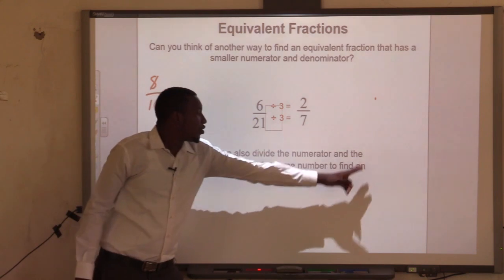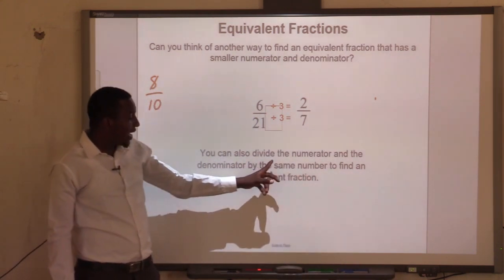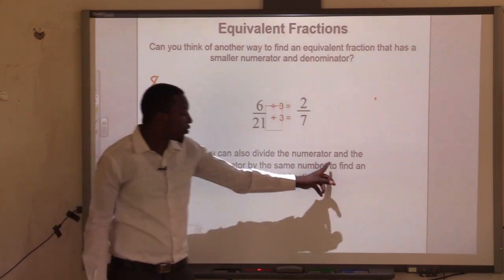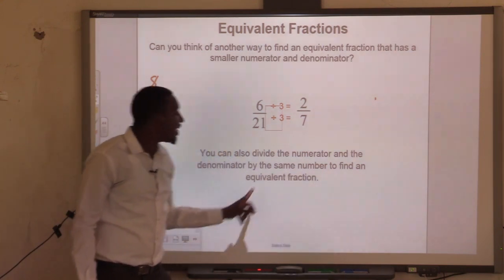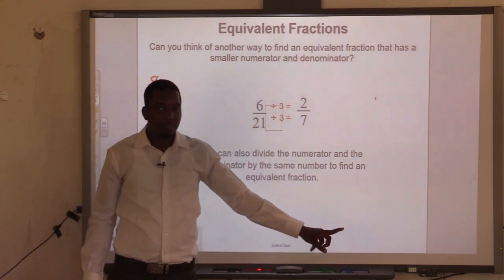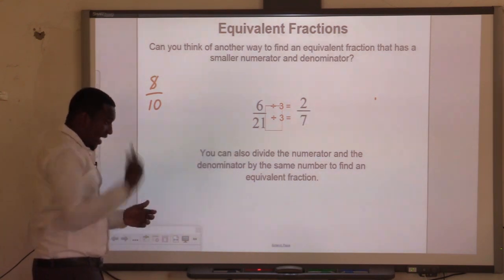Well, I'm sure you must have seen this already, saying you can also divide the numerator and the denominator by the same number to find an equivalent fraction. So what we can do in multiplication, if you have a bigger number, you can divide by a number.